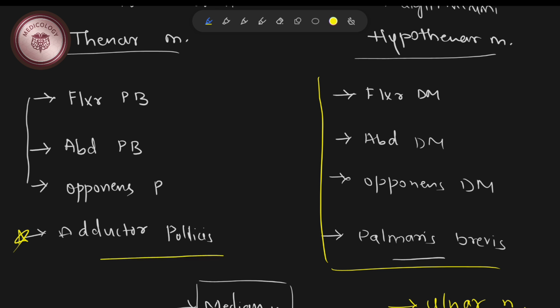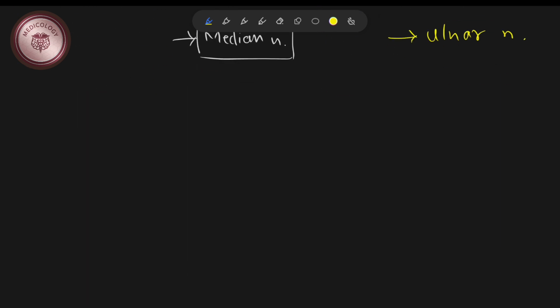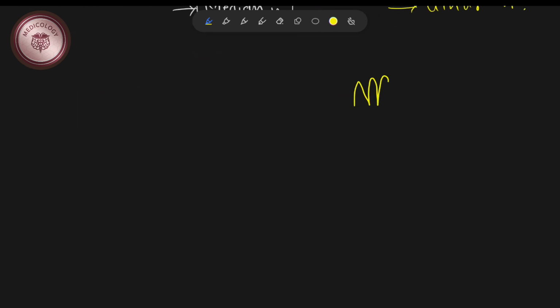So the thenar muscles, located below the thumb, flexor pollicis brevis, abductor pollicis brevis, and opponens pollicis, are innervated by the median nerve, but the adductor pollicis is supplied by the ulnar. So this is our hand.